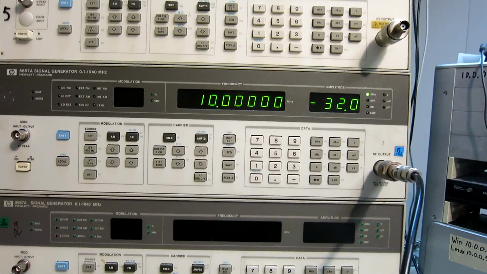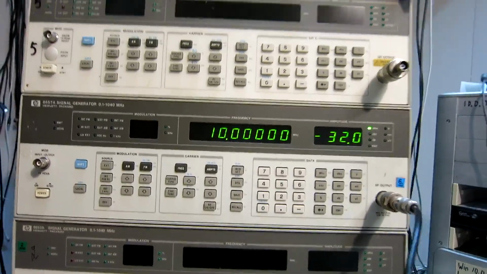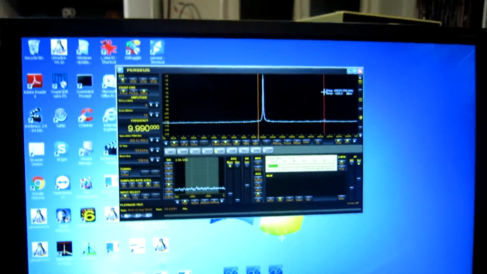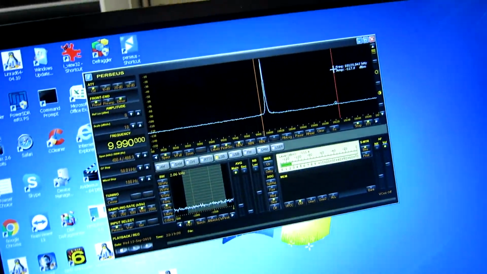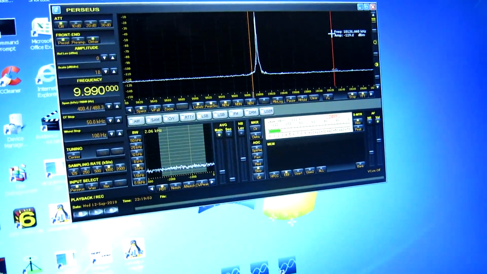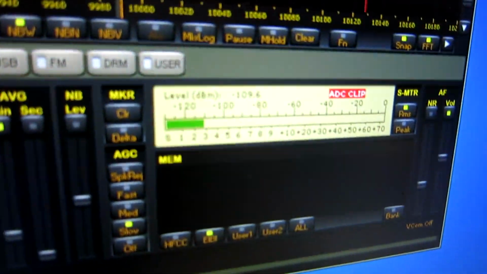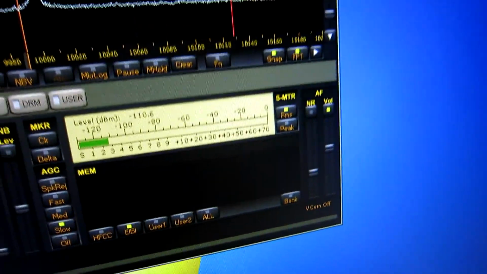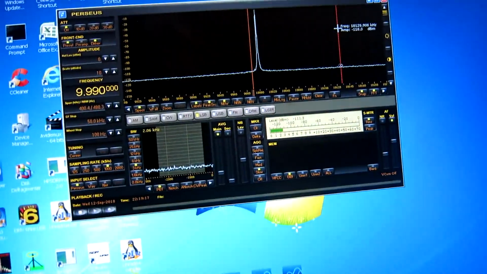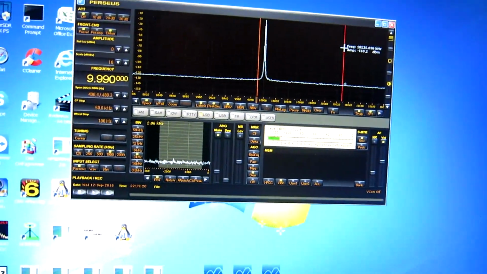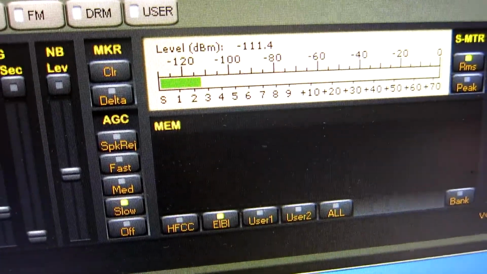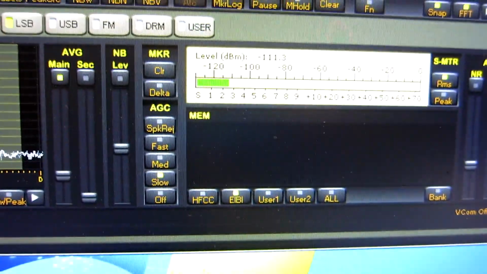I'm now sending minus 32 dBm into this amplifier with the tubes, and I'm looking at the analyzer. And I increase the level by 1 single dB, and you can see the AD goes into saturation. So I have to go back to minus 32 dBm. The frequency is about 10 kilohertz away, and the noise floor is now minus 111.